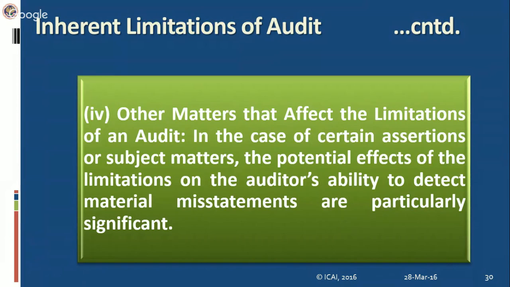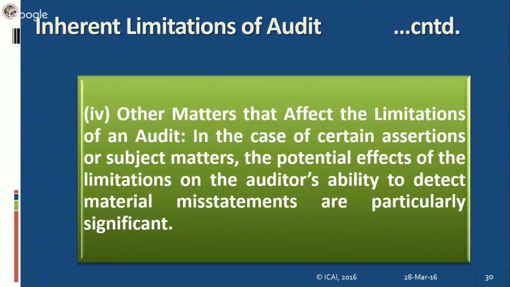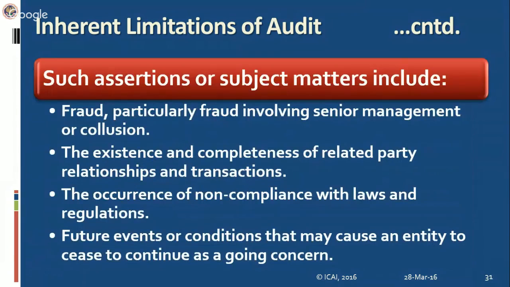So other matters that affect the limitations of an audit are such assertions, assertions by the management, like fraud, particularly fraud involving senior management or collusion. The existence and completeness of related party relationships and transactions. Occurrence of non-compliance with laws and regulations. And future events or conditions that may cause an entity to cease to continue as a going concern.